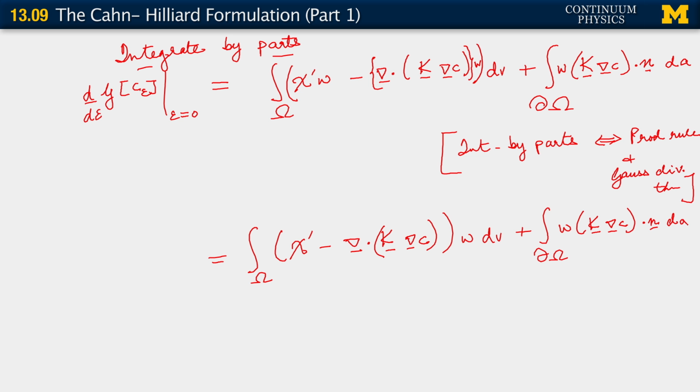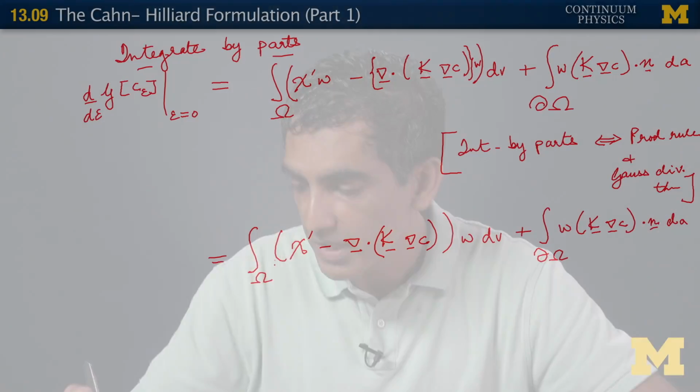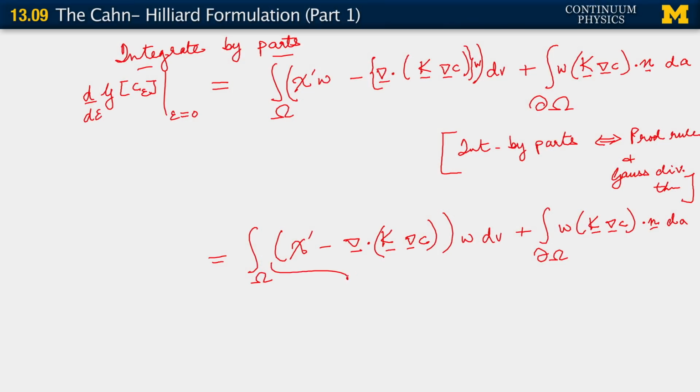Okay, now the way we go ahead from here is the following. When we introduce the chemical potential, we had identified the chemical potential to be the component multiplying W, after integration by parts. That is mu. Now, what we say is the following.